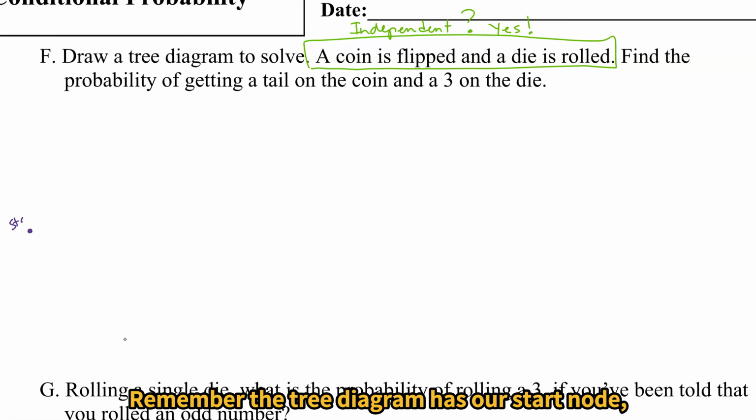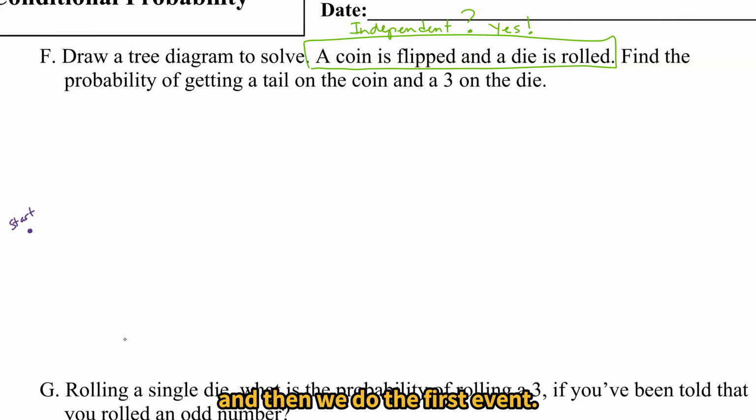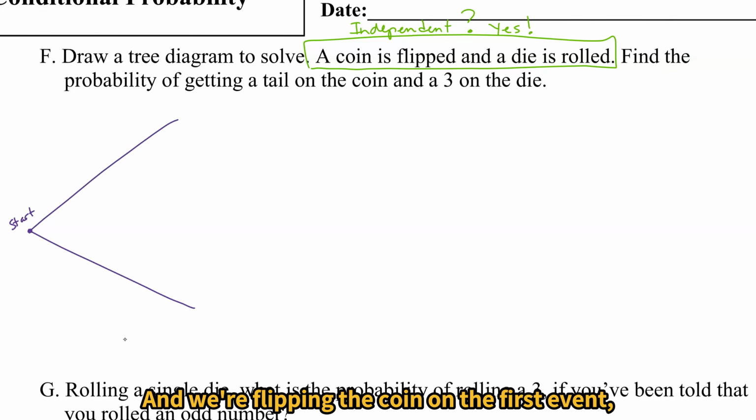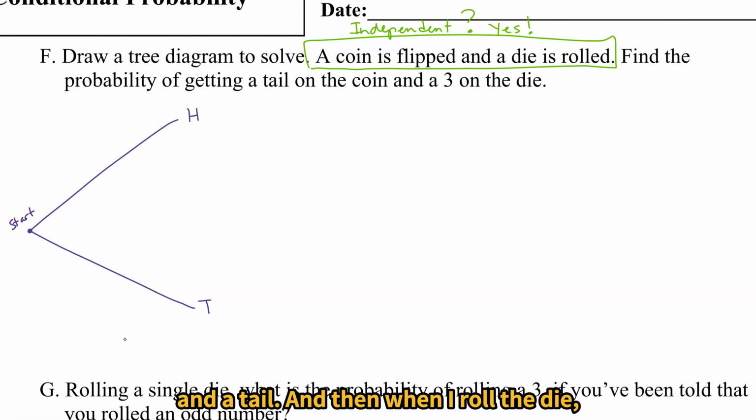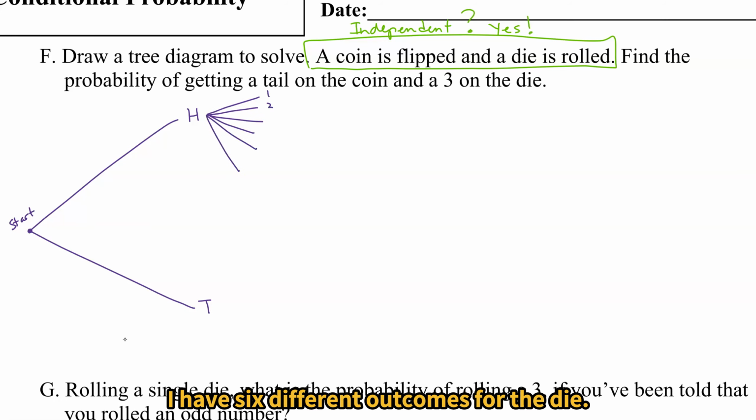Remember, the tree diagram has our start node, and then we do the first event. And we're flipping the coin on the first event, which is how I know I have 2 outcomes, a head and a tail. And then when I roll the die, I have 6 different outcomes for the die.